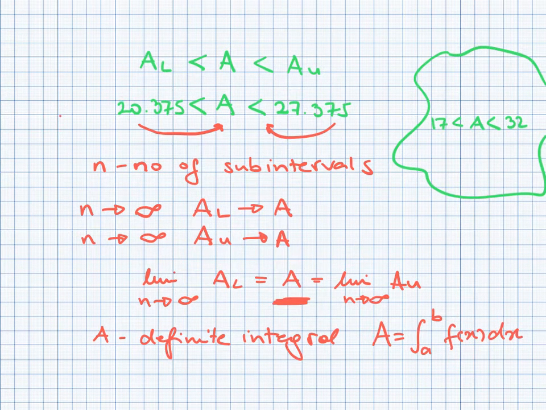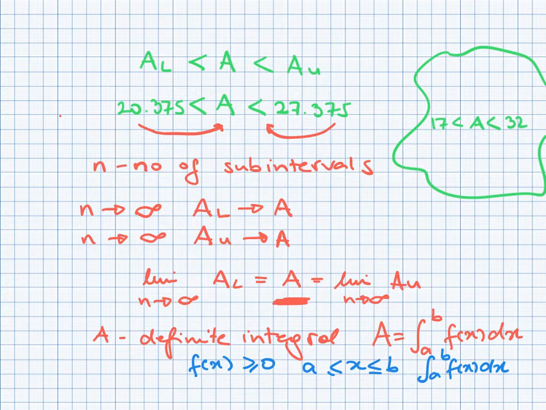And what it means is pretty much this: if f of x, which is our function, is bigger than or equal to 0 for all x less than or equal to b and bigger than or equal to a, then the integral from a to b of f of x dx is equal to the area under the curve.